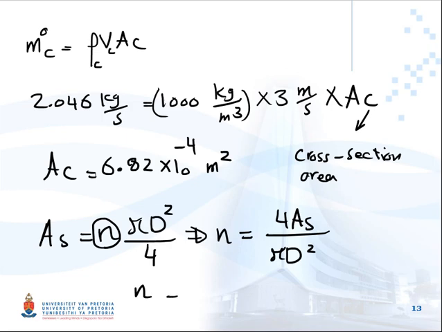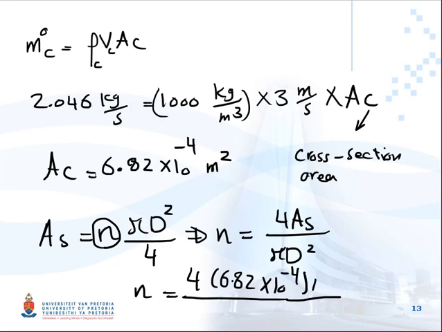So n will be equal to 4 multiplied by 6.82 × 10 to the power of minus 4 m², over pi times 0.1 meter to the power of 2.